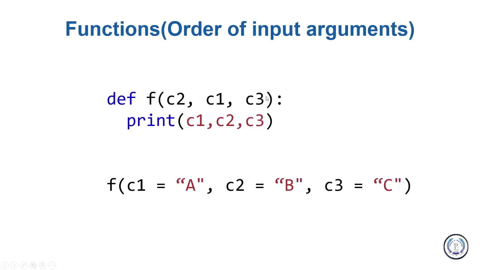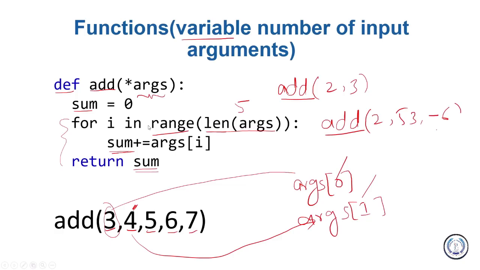Whatever the order here, we don't care. What if we want to fix the input, or become more careful about input argument ordering, but then we also want an arbitrary number of arguments? How can we do that? Wait for the next video and I will show you how you can do that.